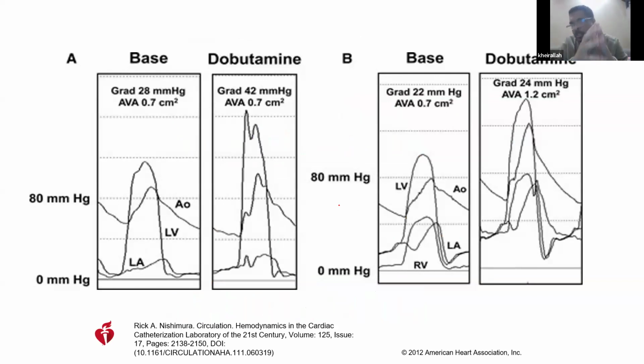This is one of the questions we ask ourselves a lot, and this is called low flow, low gradient aortic stenosis. This concept is important, and we are going to elaborate on it when we come to aortic stenosis.